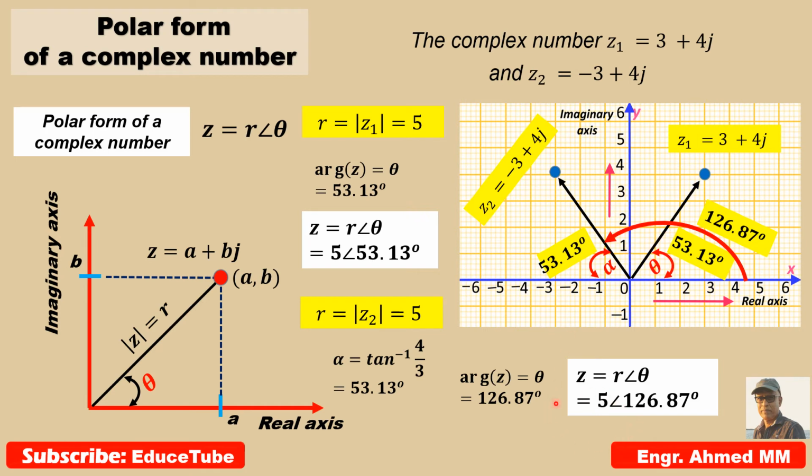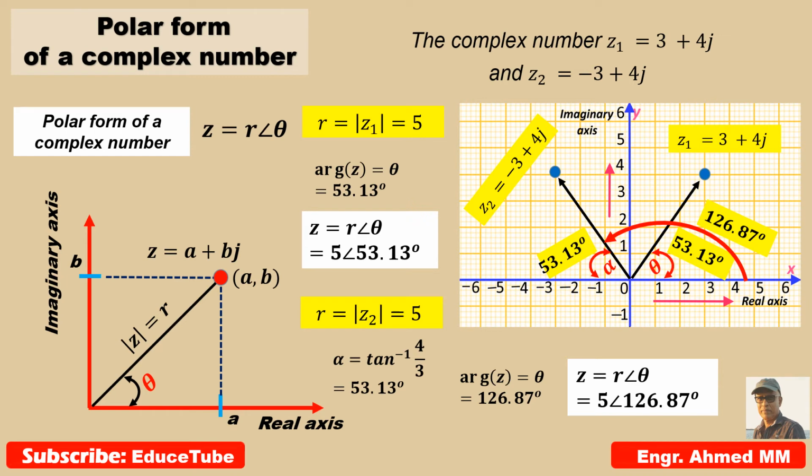So it will be 126.87 degrees. Now we know the modulus, we know the argument. So surely in this form we can write z equal to 5, and the angle will be 126.87 degrees. So it is the polar form of this complex number. So we are very clear about this now.